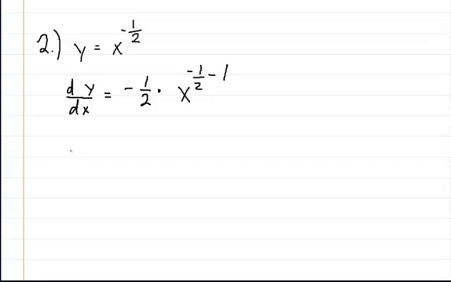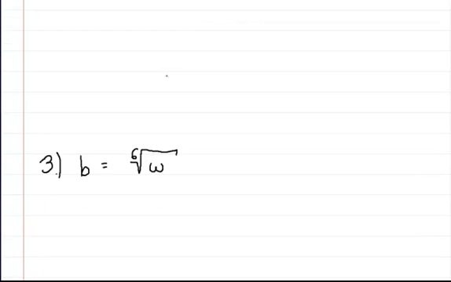Another way you could write the derivative, in a simpler way I think, is just to write this slanted line up top. So the derivative of y is equal to negative 1/2 x to the negative 3/2. And that's the answer to that. And that's how you do that. So let's go on to the next one.